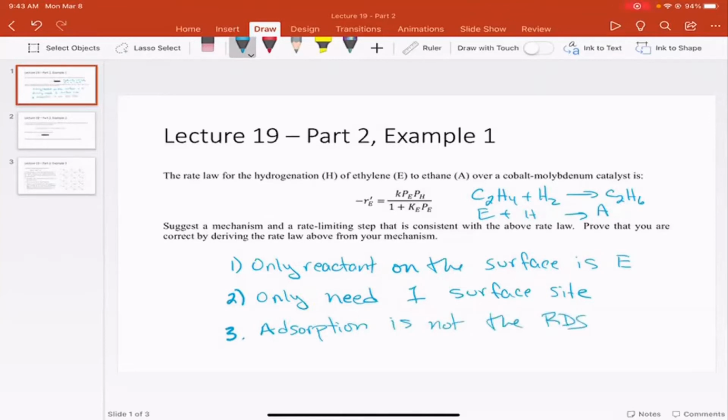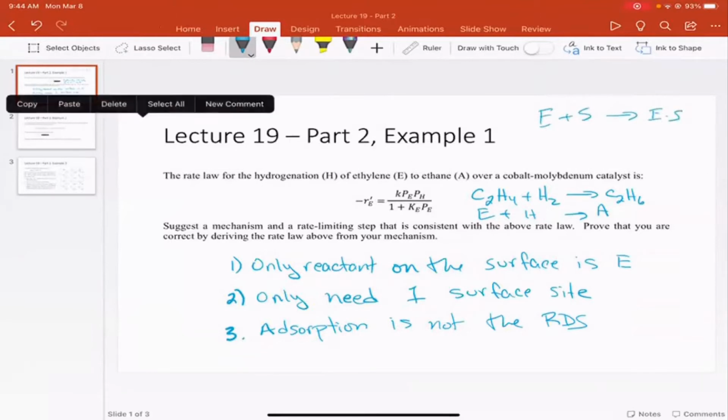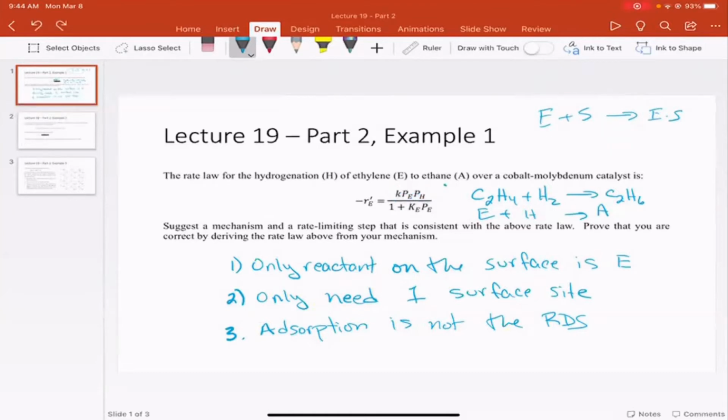Well, if we only have one site and we are adsorbing the ethylene, if adsorption was the rate determining step, we would have something like E plus a site goes to E dot S. And so the only thing that would be in the numerator would be the pressure of ethylene. You wouldn't have hydrogen there because hydrogen doesn't take part in the adsorption step.